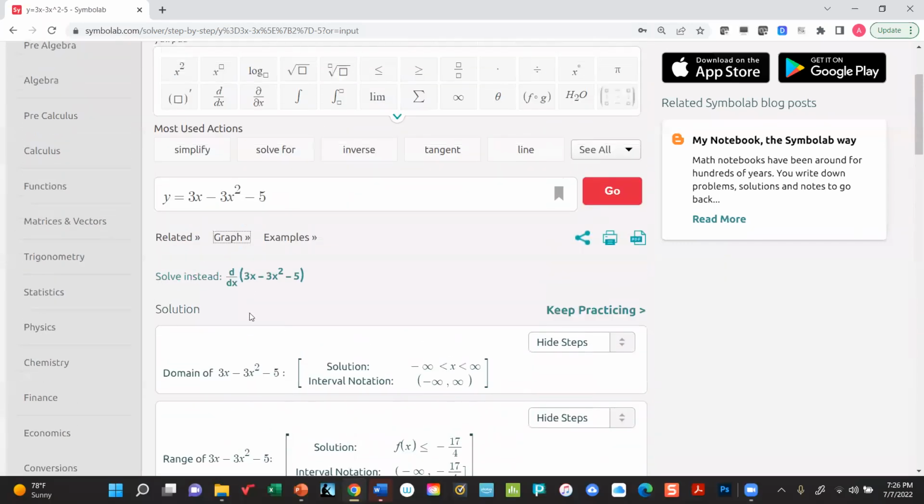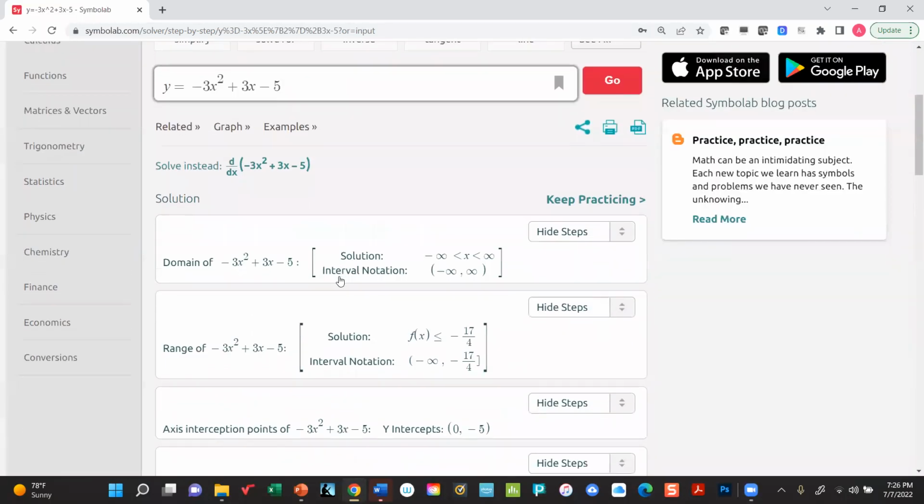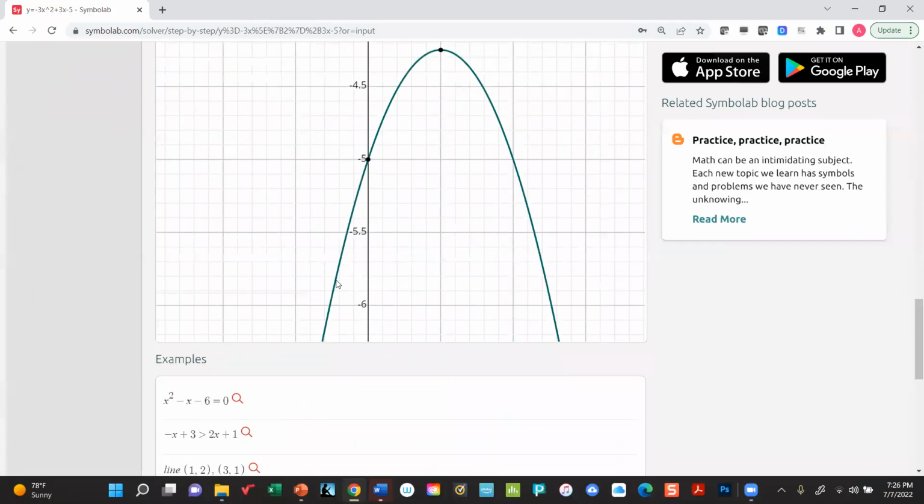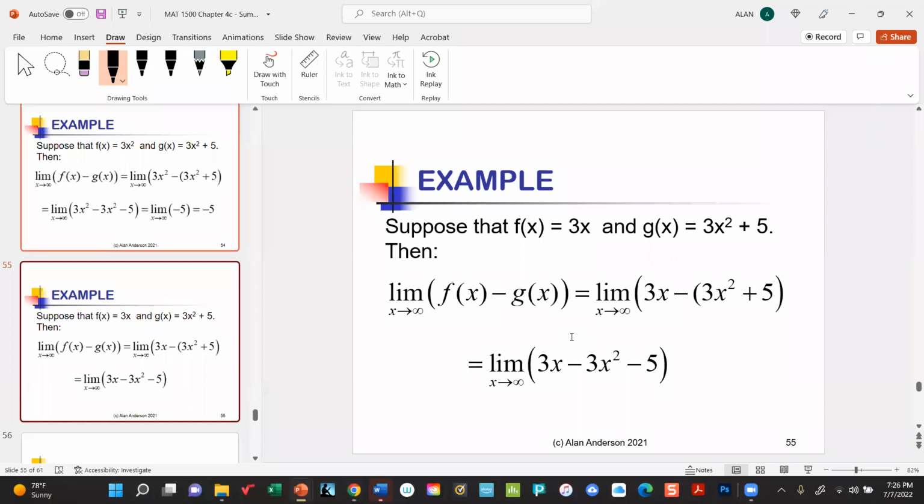It's just a standard parabola, written in a slightly strange way. Typically you would express this as this, so it'd be easier to see right away that this is clearly a parabola facing downward. That's why the limit has to be negative infinity, because as x keeps increasing, the function keeps decreasing and will eventually go to negative infinity.